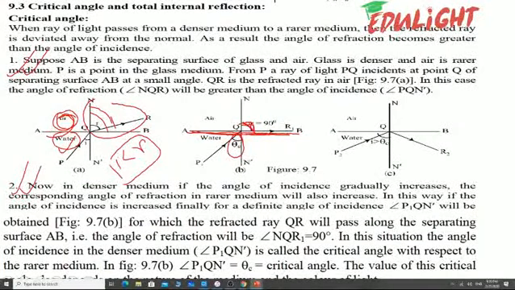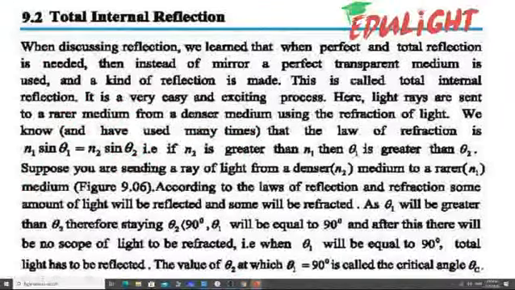The incident angle for which we get the refracted ray at 90 degrees is called the critical angle.